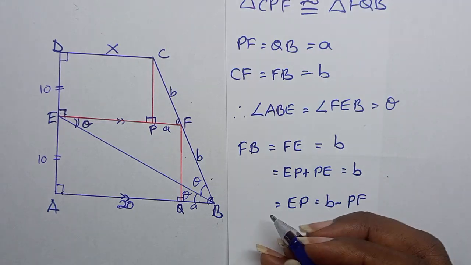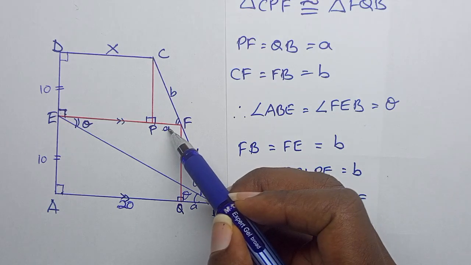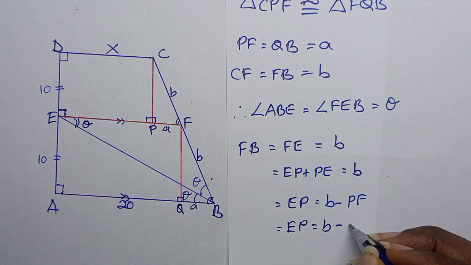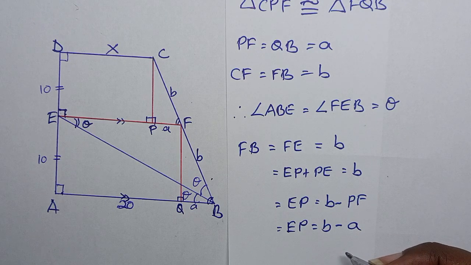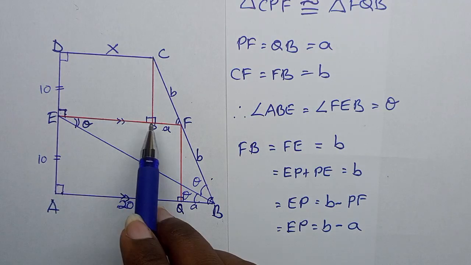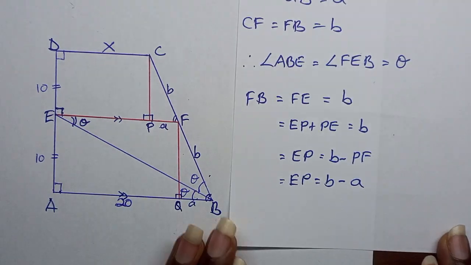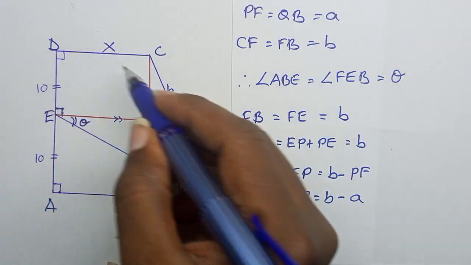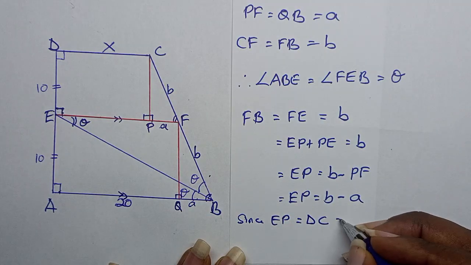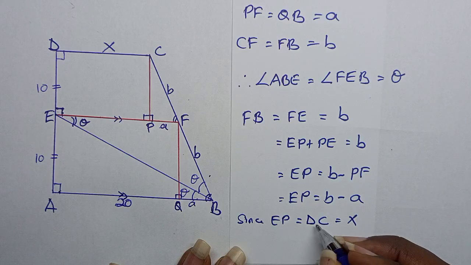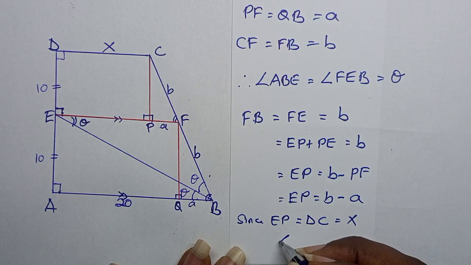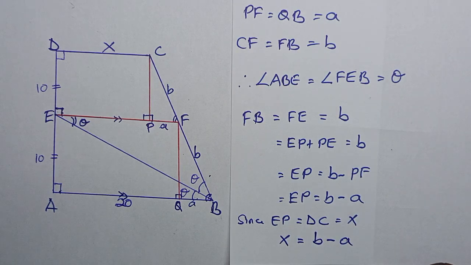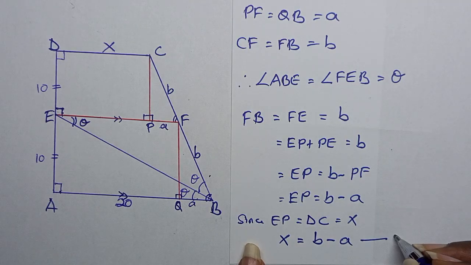But remember, PF here is A. So EP will be B minus A. Now that we have got EP, remember EP is equal to DC or CD, which is equal to X. Therefore, DC, which is X, is equal to EP, which is B minus A. So X is equal to B minus A. Let me call this equation 1.